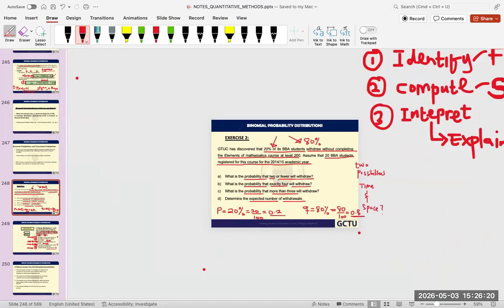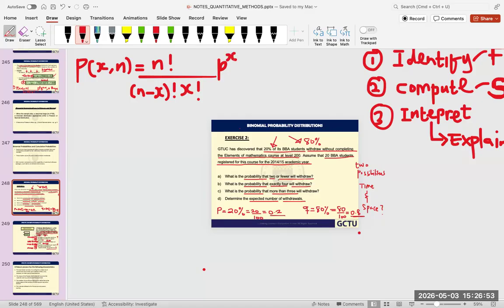And so you pick your binomial probability formula, P of x taken from n is equal to n factorial divided by n minus x factorial, x factorial, multiplied by probability p to the power x, q to the power n minus x.